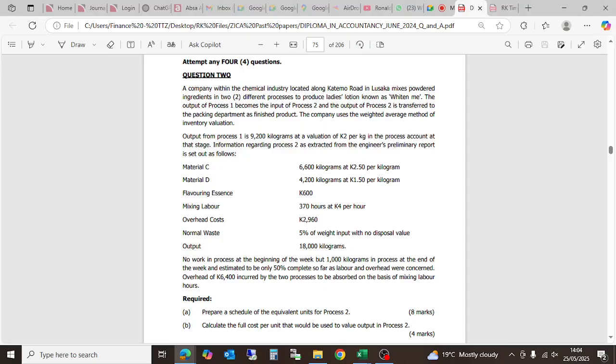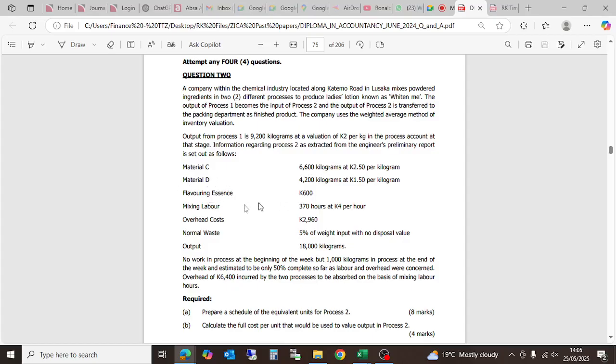The company uses the weighted average method of inventory valuation. Output from process one is 9,200 kilograms at a valuation of 2 kwacha per kg in the process account at that stage. Information regarding process two as extracted from the engineer's preliminary report is set out as follows. Material C is worth this much, material D is worth this much.